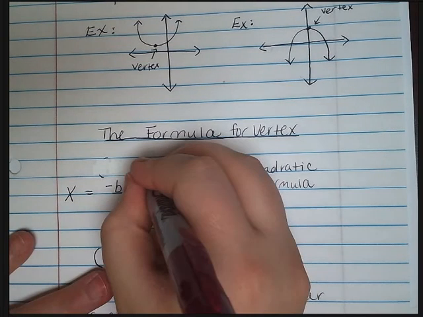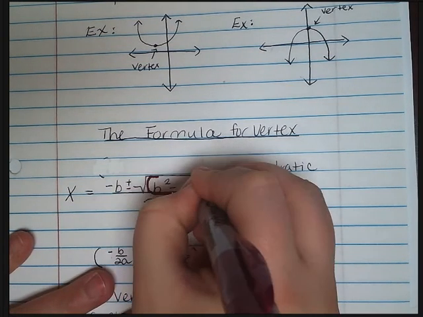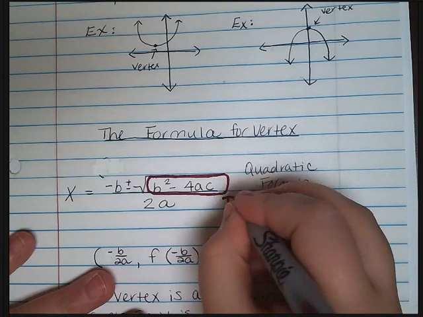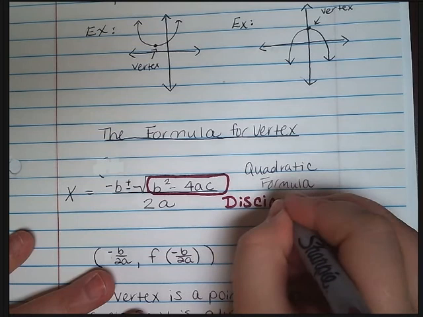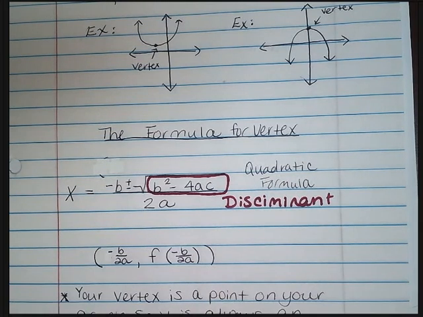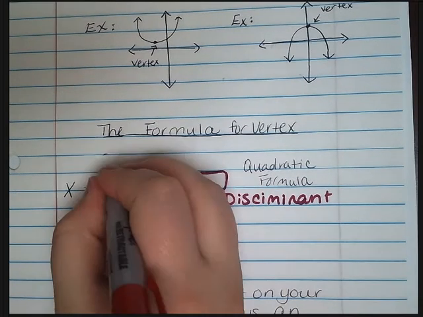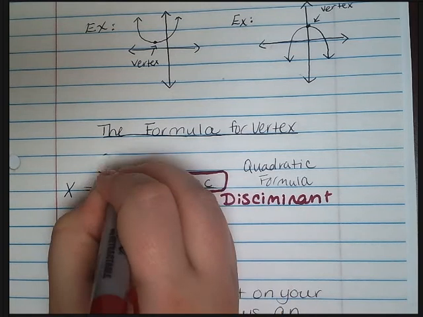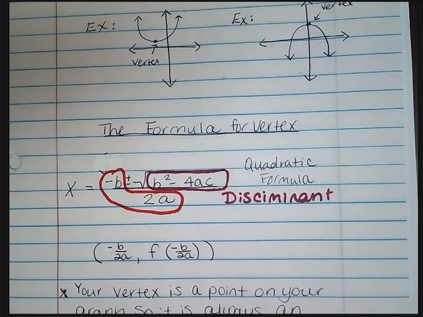And that's right here. And hopefully you guys remember this as the discriminant. Okay? So what's left over is right here. The leftover is how you find your vertex.